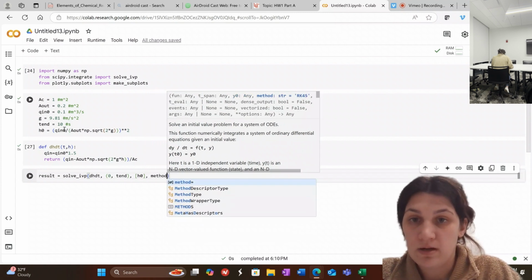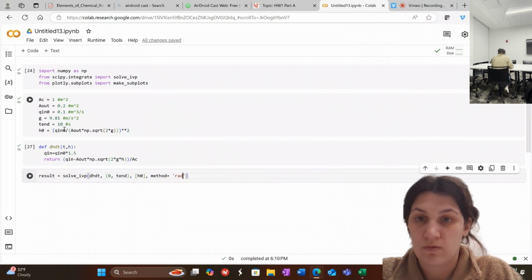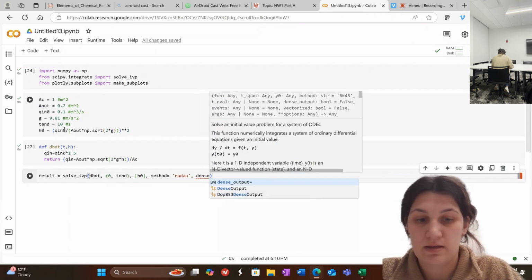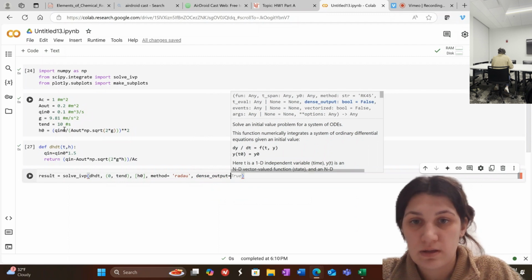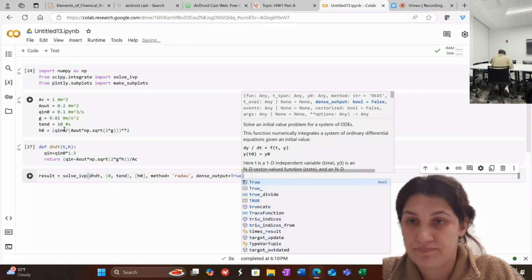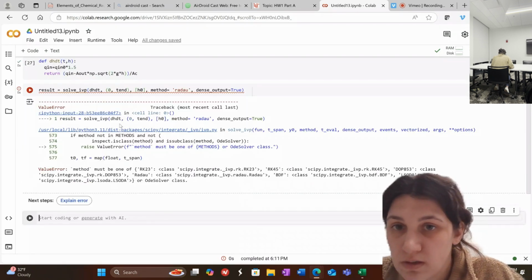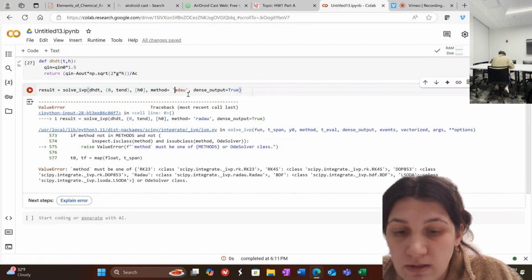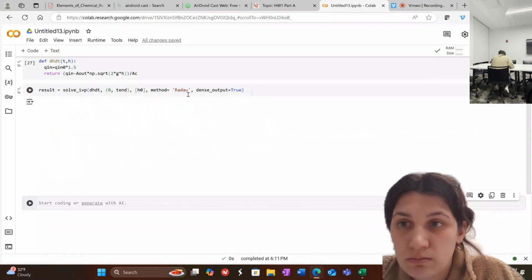We have our method, which is going to be the default. We're going to say dense_output equal to true. Just spelled it wrong. There we go.